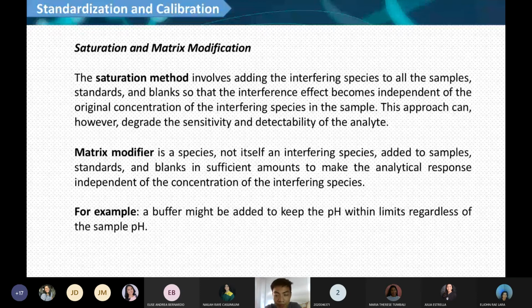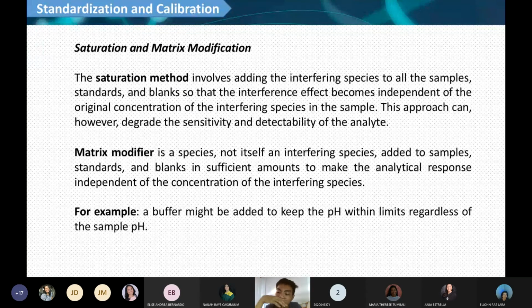Yung matrix yun yung entire solution mo. Okay. So, dun sa matrix, dalawa kasama dyan, yung analyte, pati yung interferences. No? So, gagawin mo, sa matrix modification, you will add certain substances to your sample so that the interferences will clump together. No? So, magsa-separate yung mga interferences.